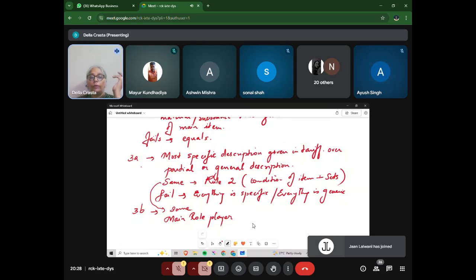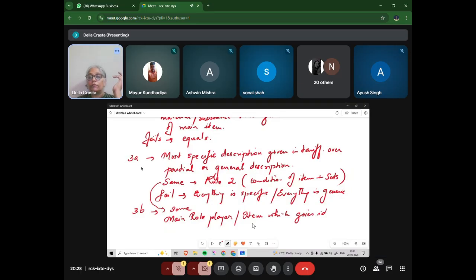Main role player or the item which gives identity to the entire article or set.